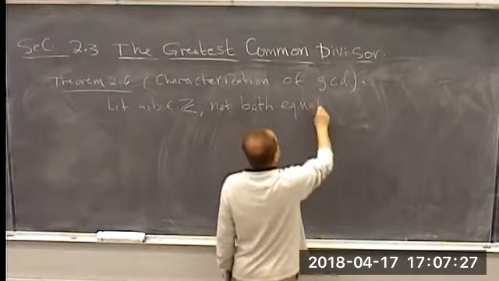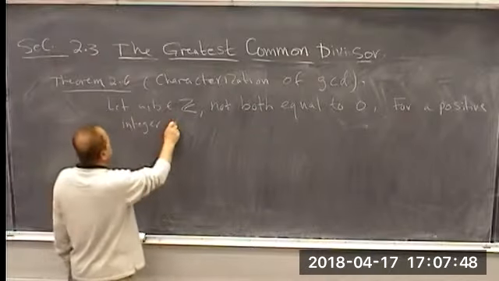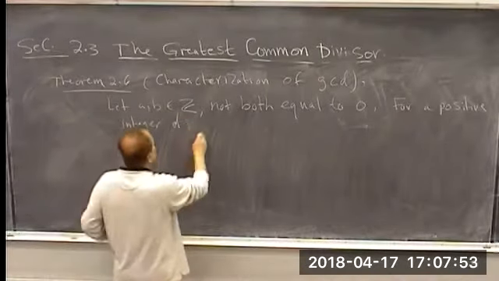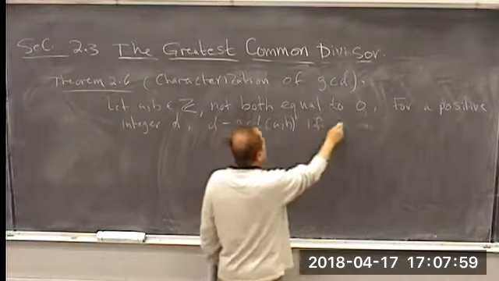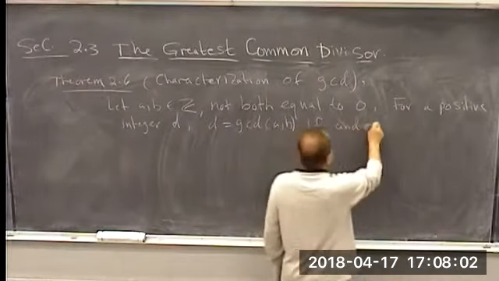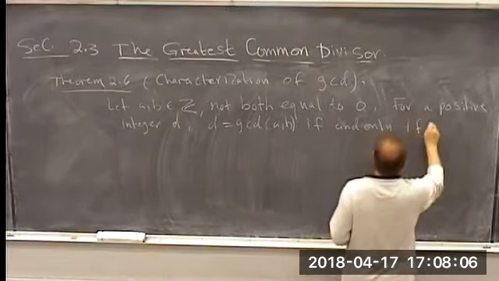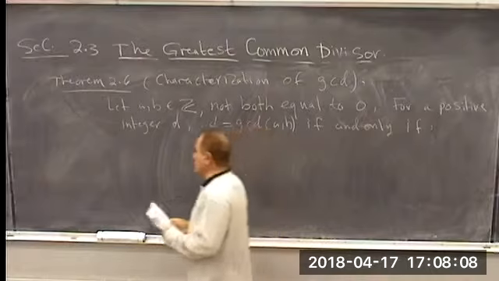A positive integer D is the greatest common divisor of A, B if and only if these conditions are satisfied.